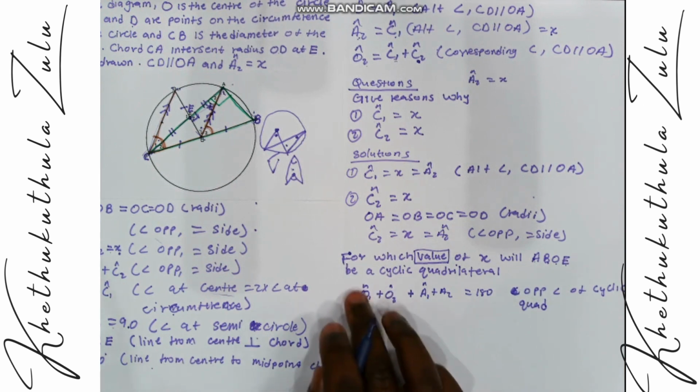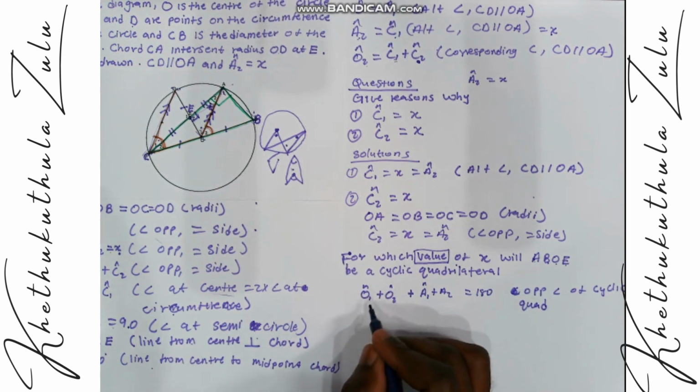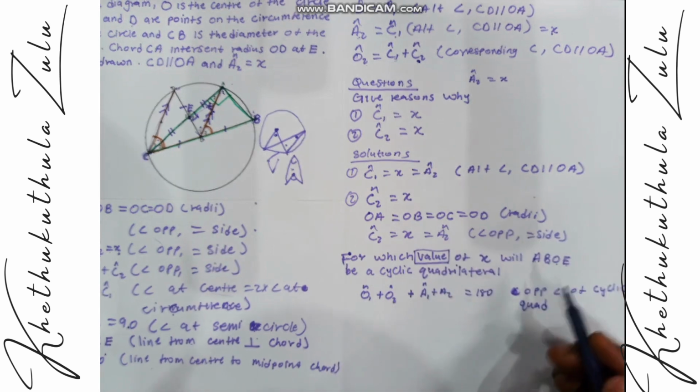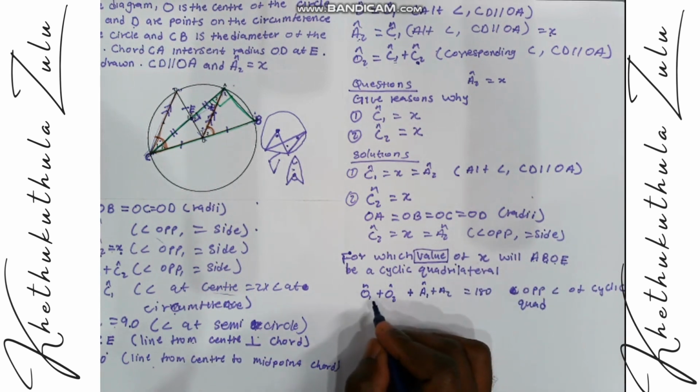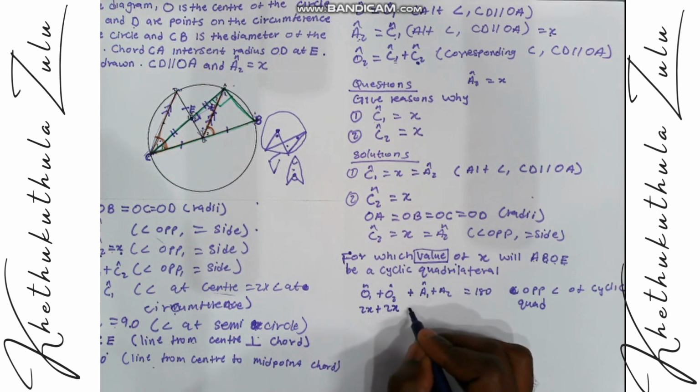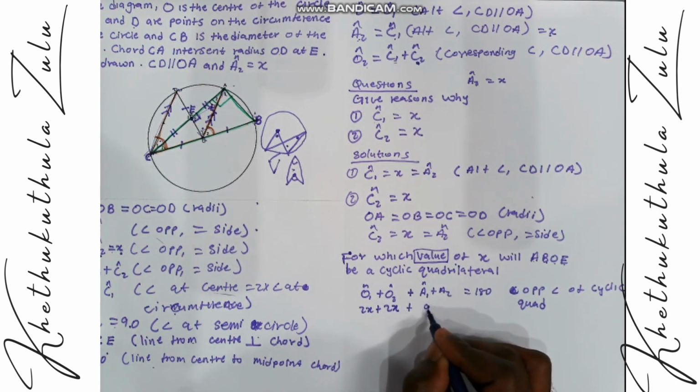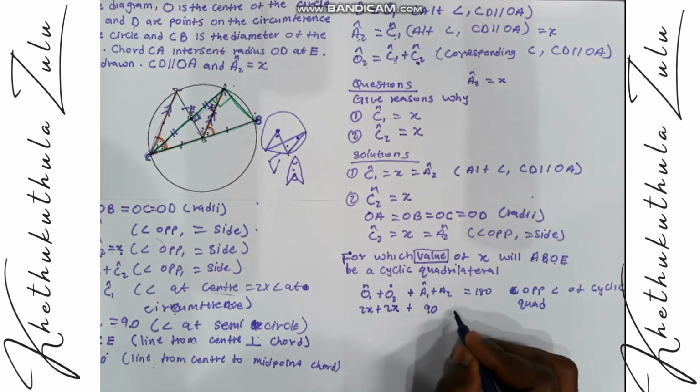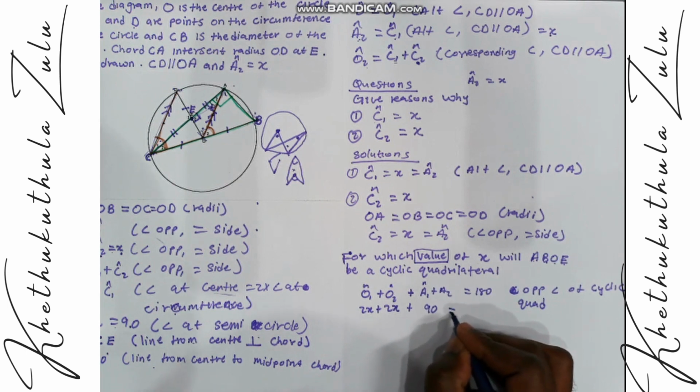Now this whole angle here, O1 and O2: we know that O1 is 2x, we know that O2 is also 2x, we've already calculated it. And then this whole angle here, which is A1 plus A2, we know it's 90 degrees. We have already calculated the angle at the semicircle, sorry guys.